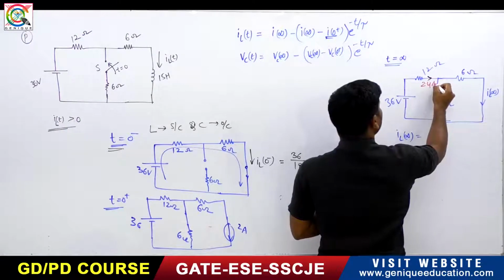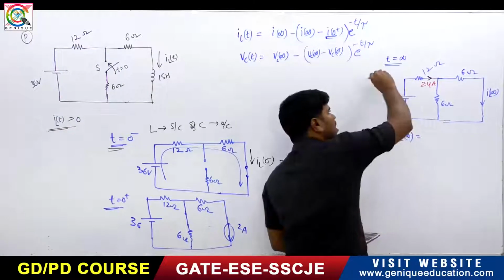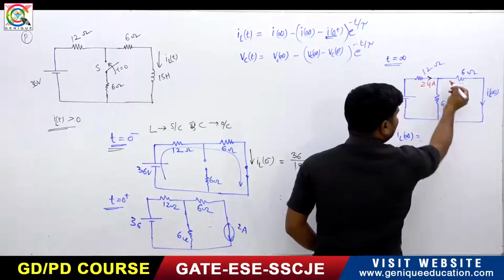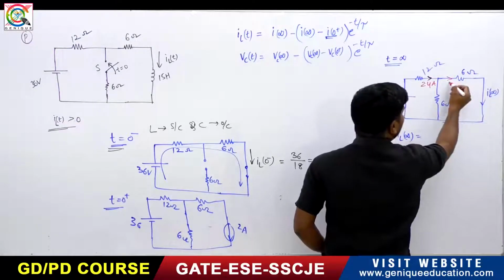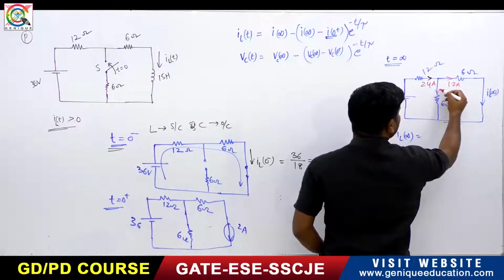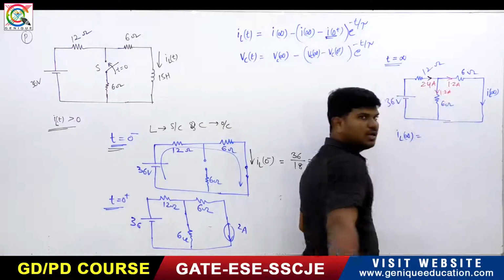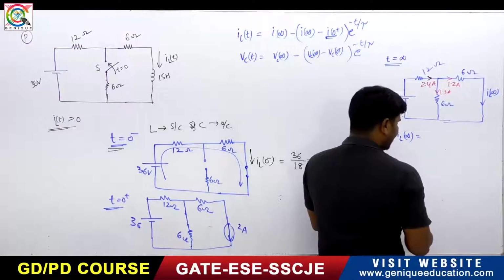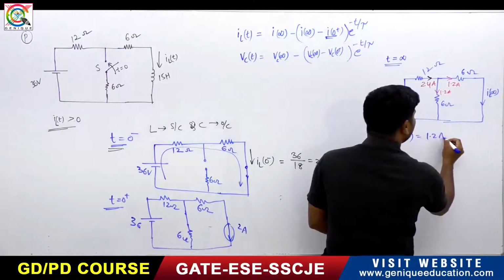It is 2.4 amps coming in. If the 2.4 is coming, now it is 6 ohms, it is 6 ohm. Because these two are in parallel, this is 1.2 ampere, this is 1.2 ampere, right? So IL of infinity can be written as 1.2 amperes.